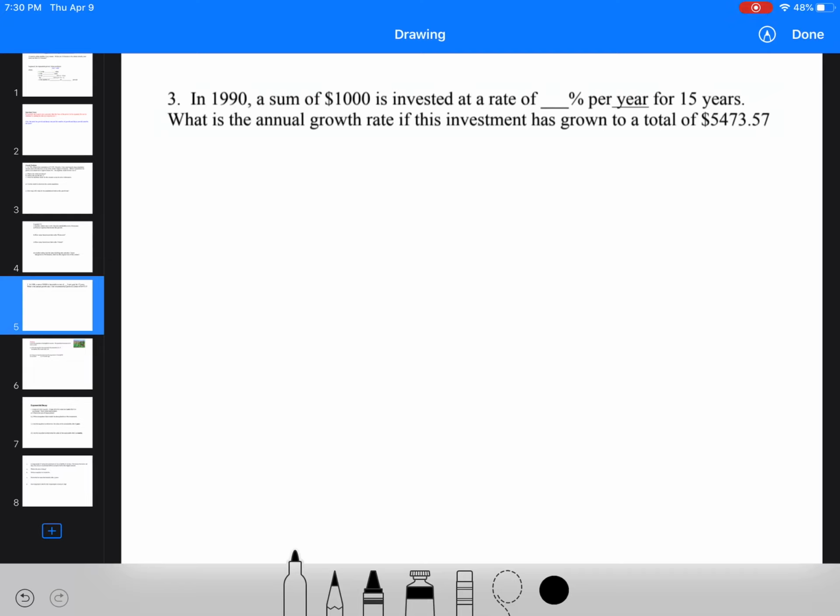All right, last one. So this is a money one. In 1990, a sum of $1,000 is invested at some rate per year for 15 years. What is the annual growth rate of this investment if the total is going to be $5,473? So again, what we're looking at here is an annual growth rate.